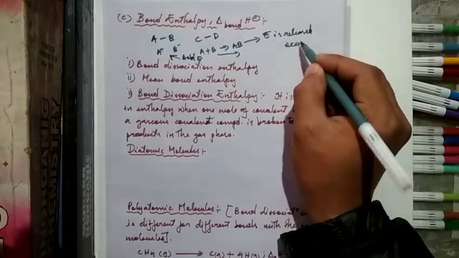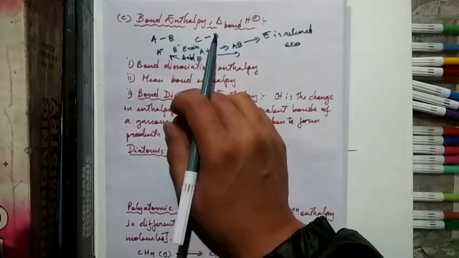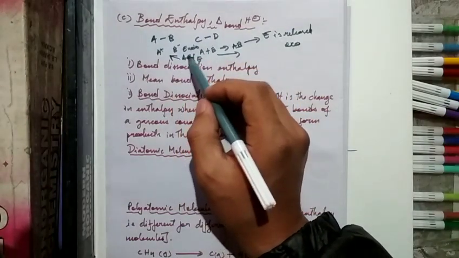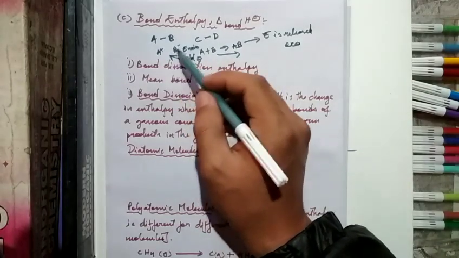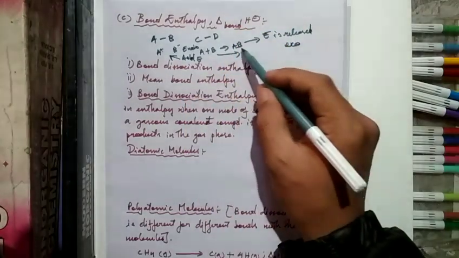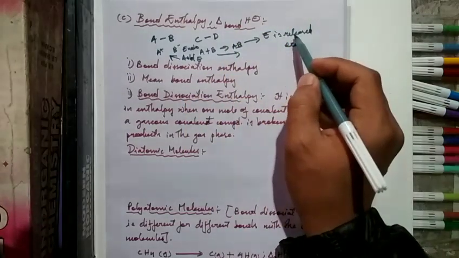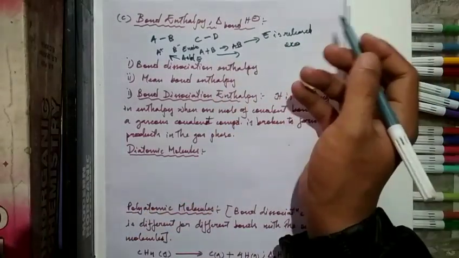This will be exo and this will be endo. So when a bond breaks, it is endo, that means heat should be supplied to initiate this bond breaking process. And when a bond is formed, heat is released. When A and B combine, heat is released, something like that.